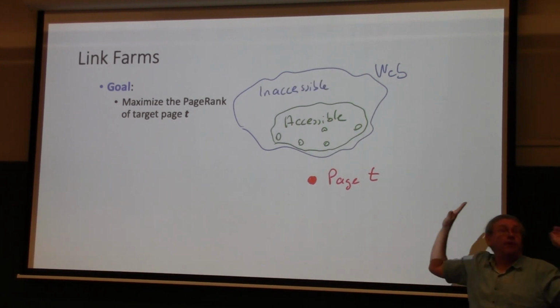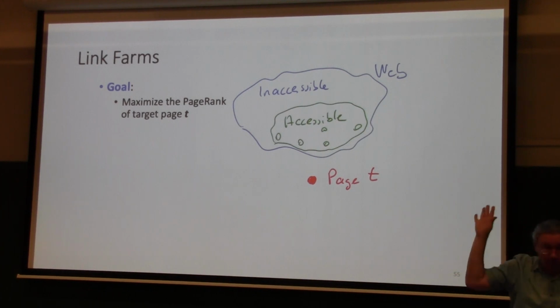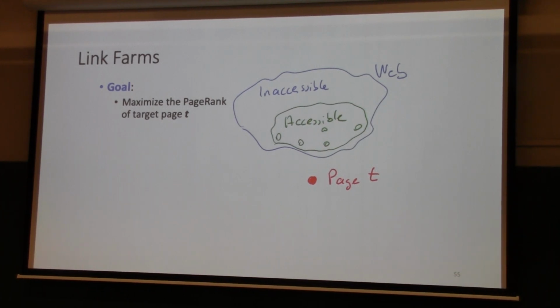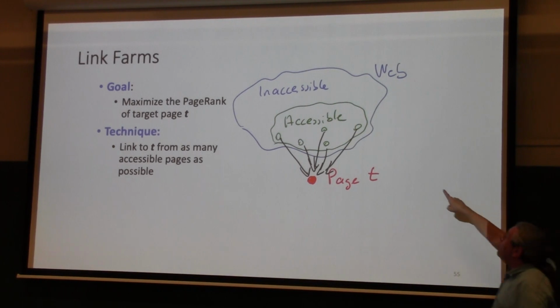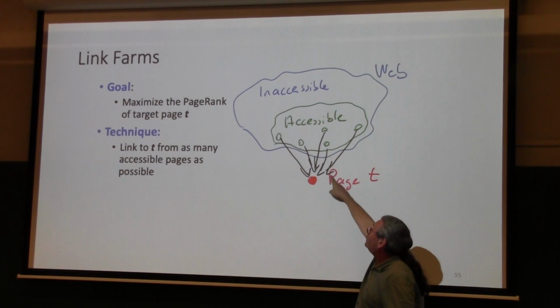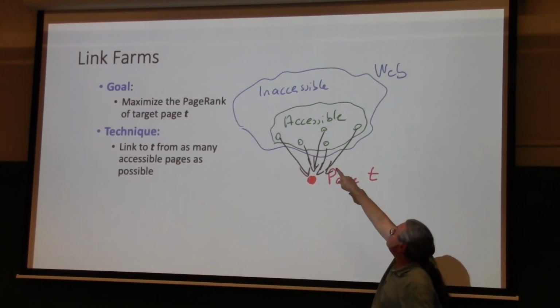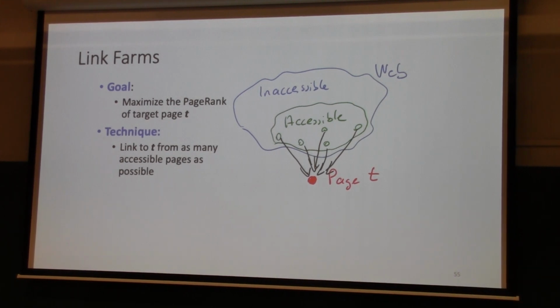I have no control over them. Most of them are inaccessible. You might have a few pages where you can add, but most of them are owned by other people. So I can't do anything there. Fine. So what do I do? Well, the first thing I do is post on as many places as I can links to T. I link to T from as many accessible pages as possible. That's the first step. It's not enough, but it's the first step. That will already increase a little bit the PageRank of T.